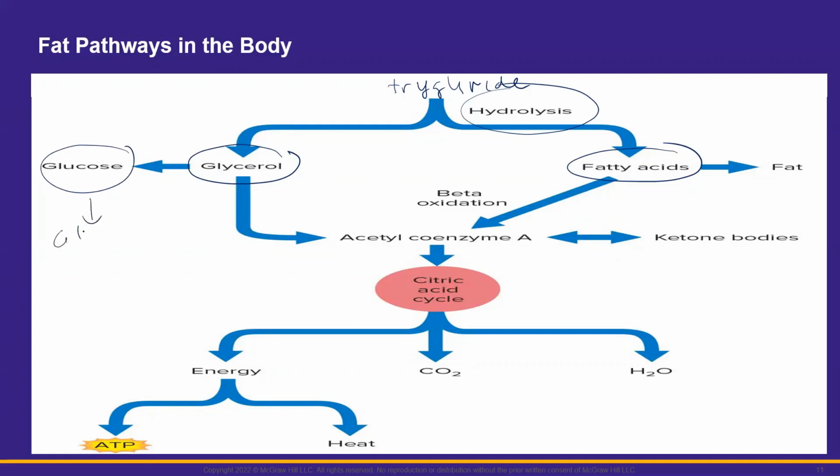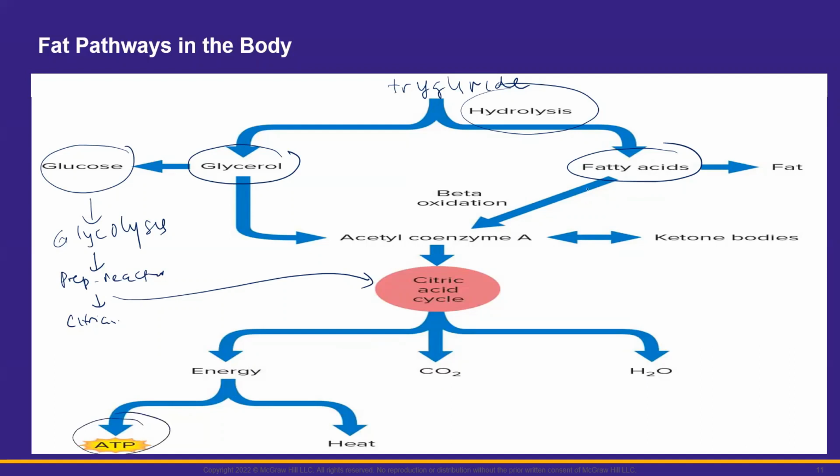It starts with glycolysis, then goes to the prep reactions, and then the citric acid cycle, and then the electron transport chain produces the energy, the ATP.